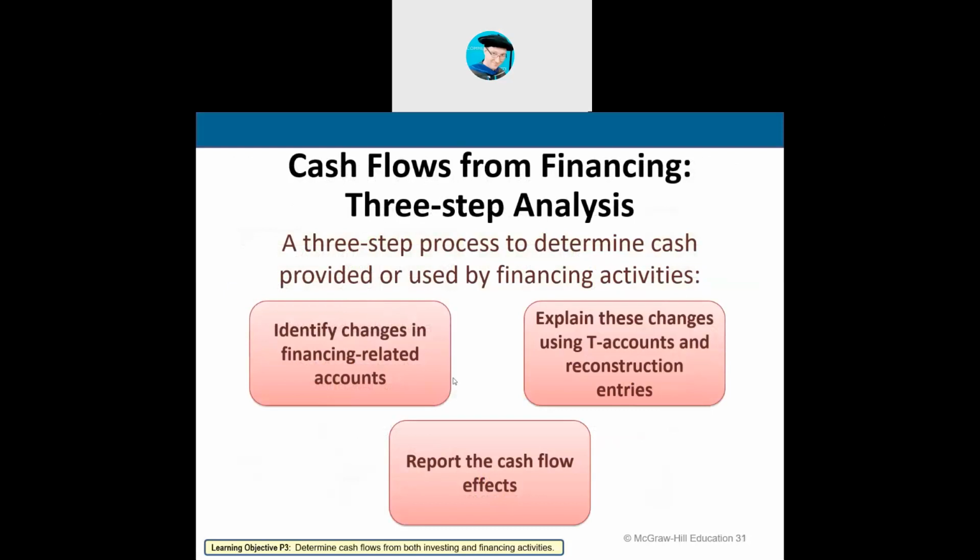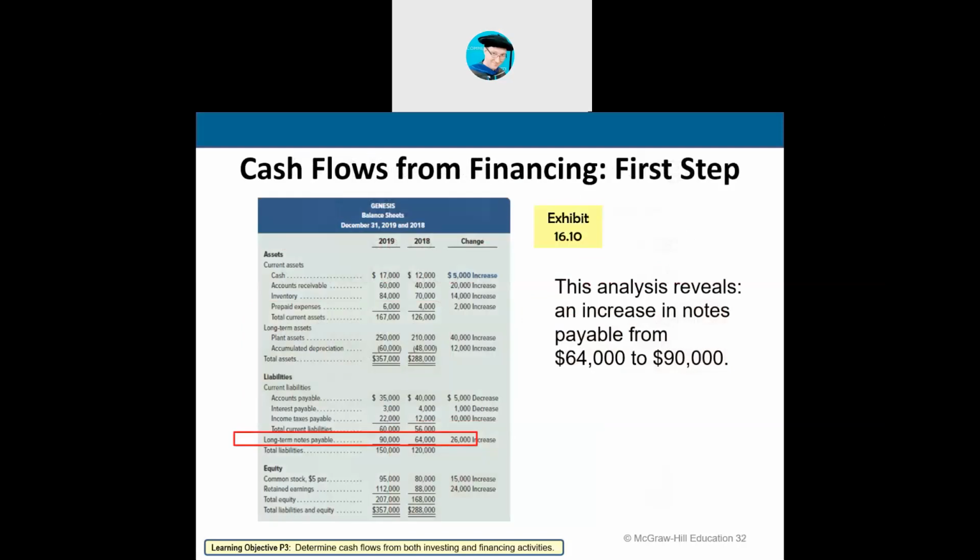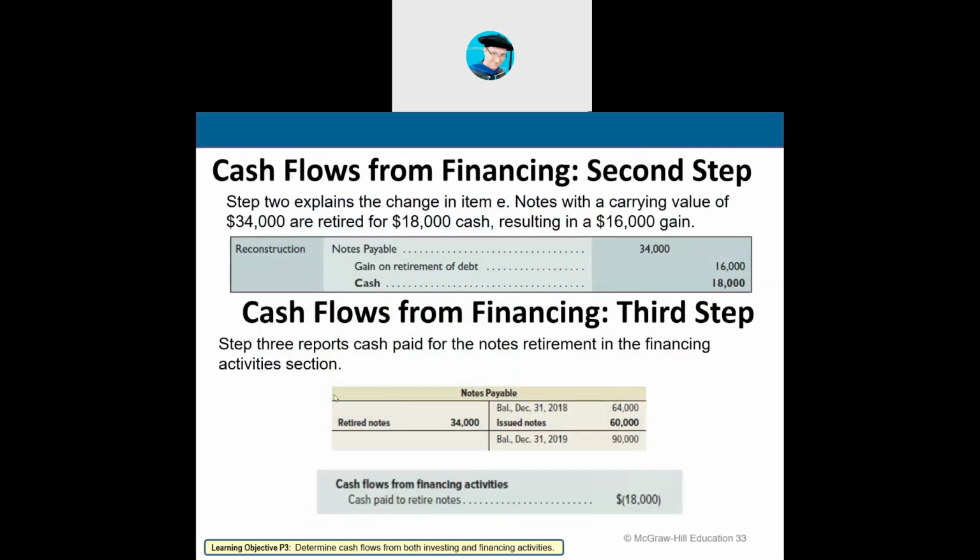And for financing activities, it works the same way. We identify finance-related accounts, match the T accounts, and report the cash flow effects. So for financing activities, we're looking at things like notes, stocks, and bonds. If it's notes coming into the business, it's a debit to cash, credit to notes payable.